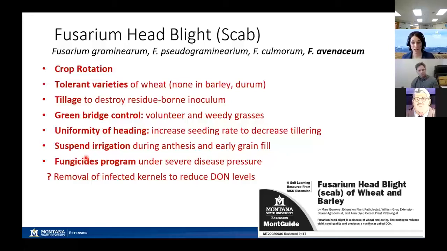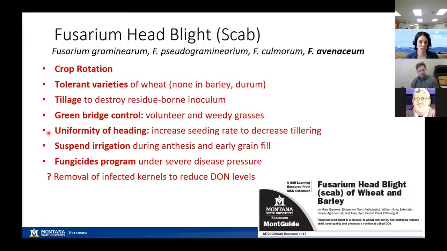And then one management recommendation goes along with how this infection occurs. So I point out here uniformity of heading, which you could achieve by increasing your seeding rate so that you have more primary tillers and fewer secondary tillers. And so then those primary tillers all head and flower and mature at a rather similar time, more synchronized.